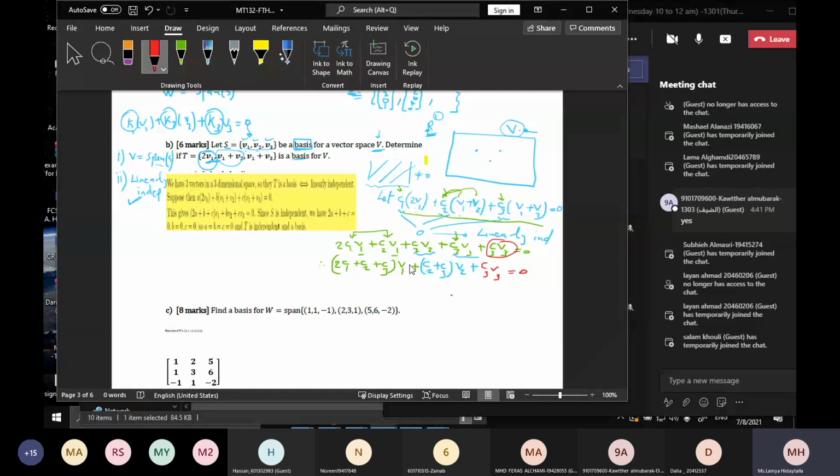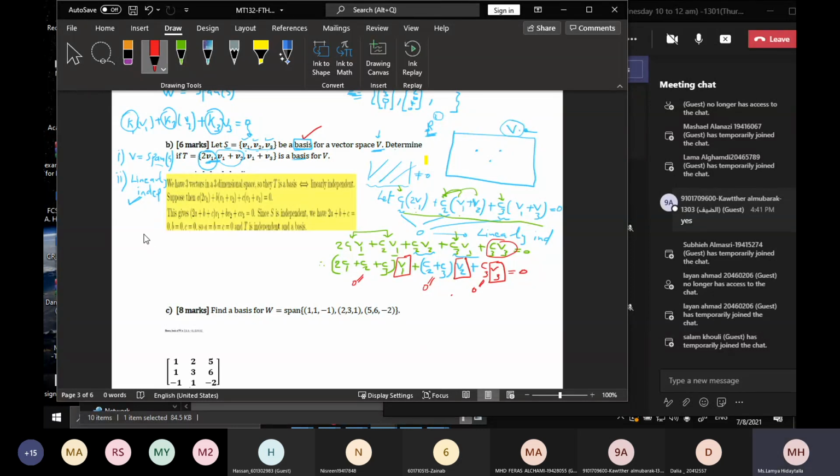Now, since V1, V2, and V3 are linearly independent, because they are bases, this coefficient should equal 0, this one should equal 0, and this one, C3, should equal 0.